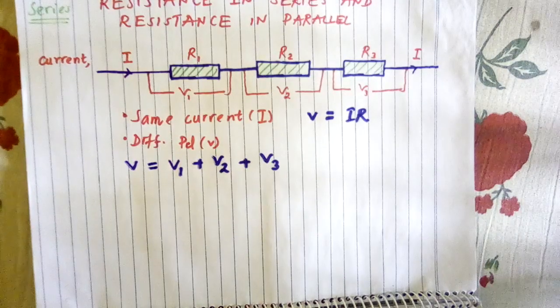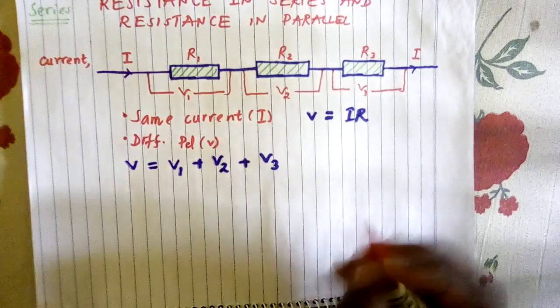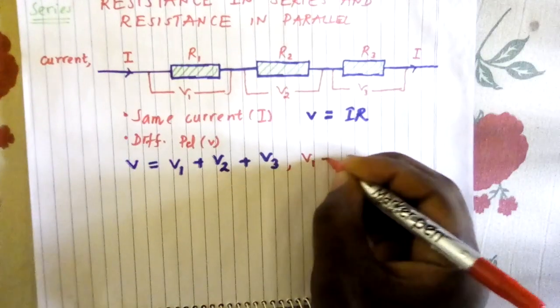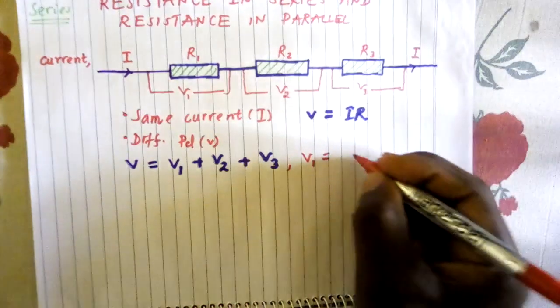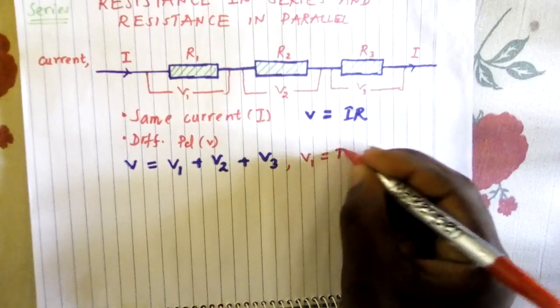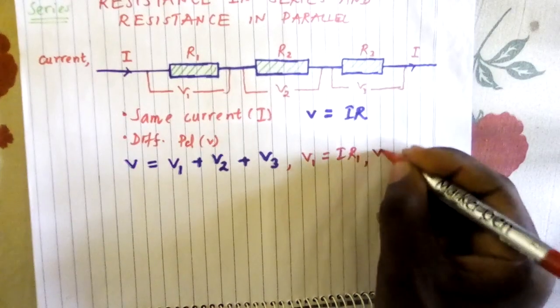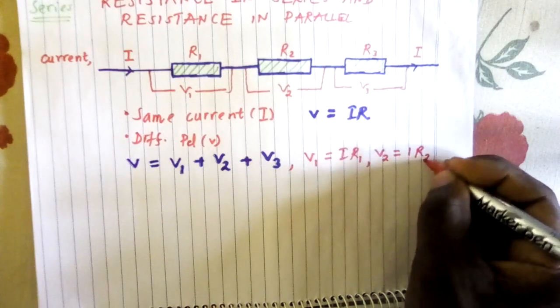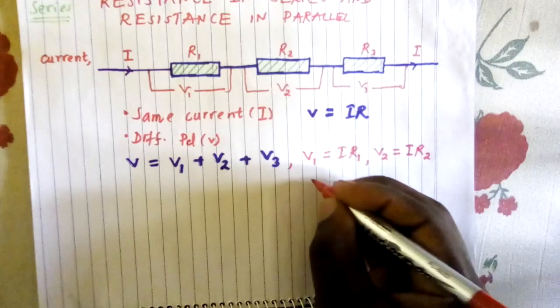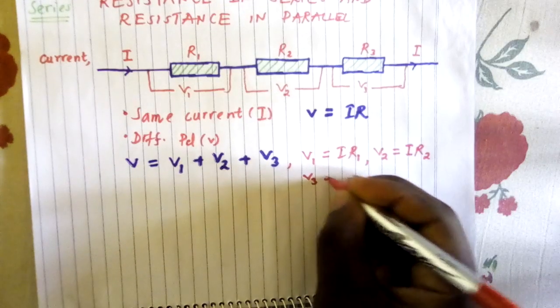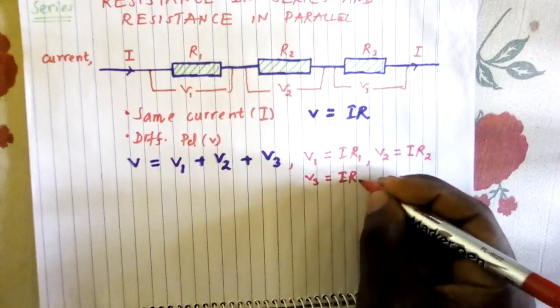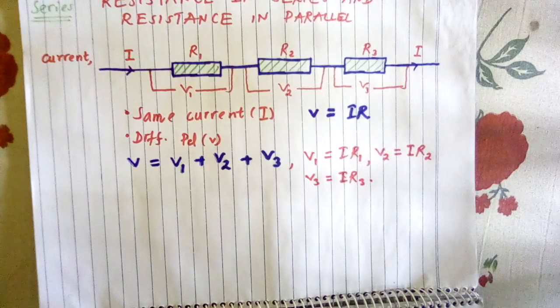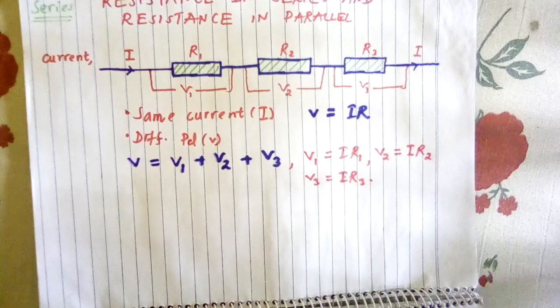So that's clear. Now let's say that V1 is given by I multiplied by R1, V2 is given by I multiplied by R2, and finally V3 is given by I multiplied by R3. And then we can just plug these values into this formula, which I have numbered as equation 1.